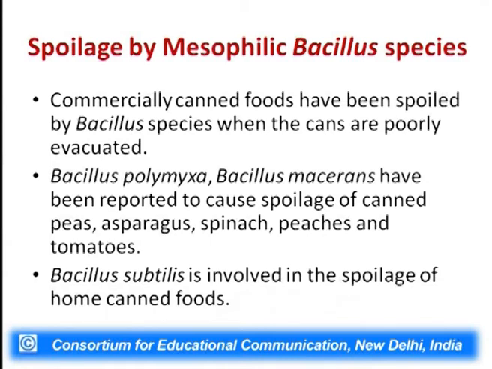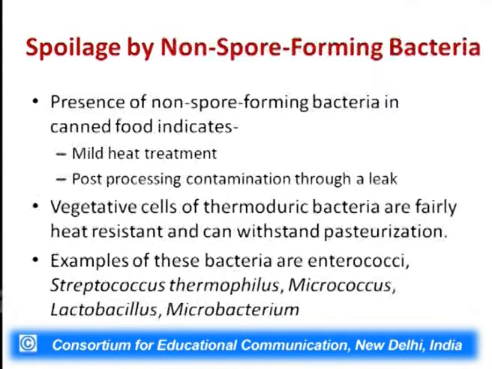Bacillus subtilis is involved in the spoilage of home canned foods. These Bacillus are usually involved in the spoilage due to post processing contamination. As such, they may not be able to tolerate the heat treatment given to them.